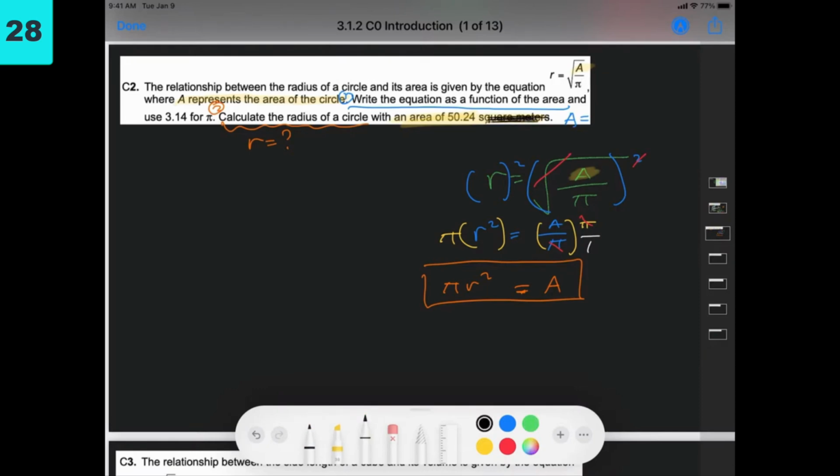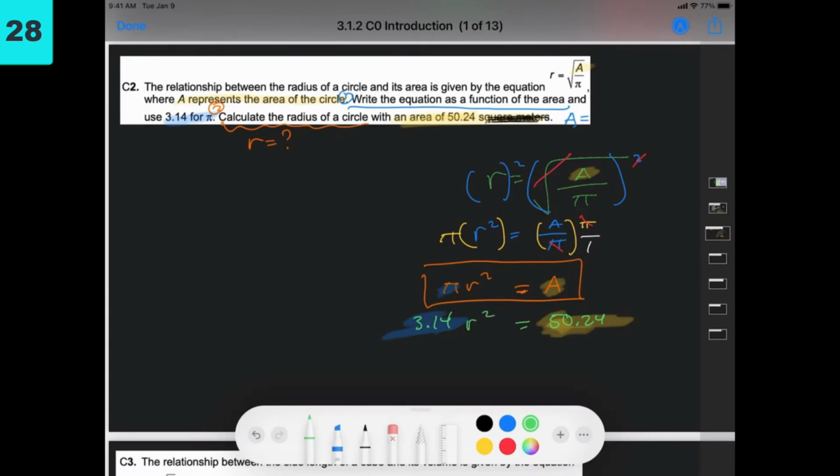Okay, but worry about the 50.24. All right, let's write 50.24 here. Okay. Now it's telling me to use 3.14 for pi. And I don't think that's a really big deal, but we'll just do what they tell us. And we're trying to find r.